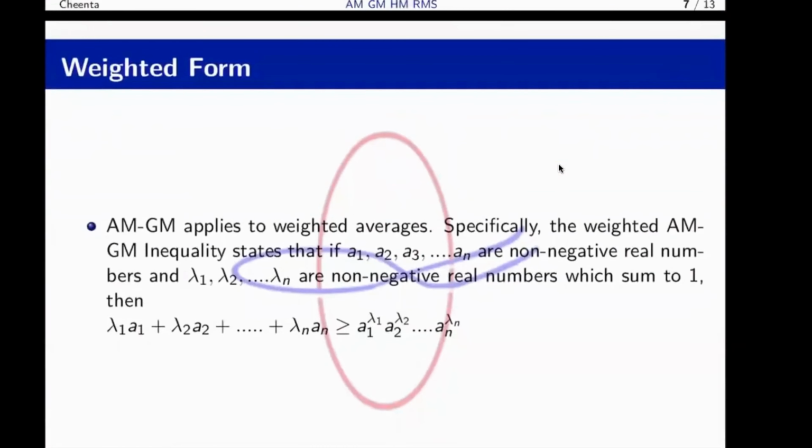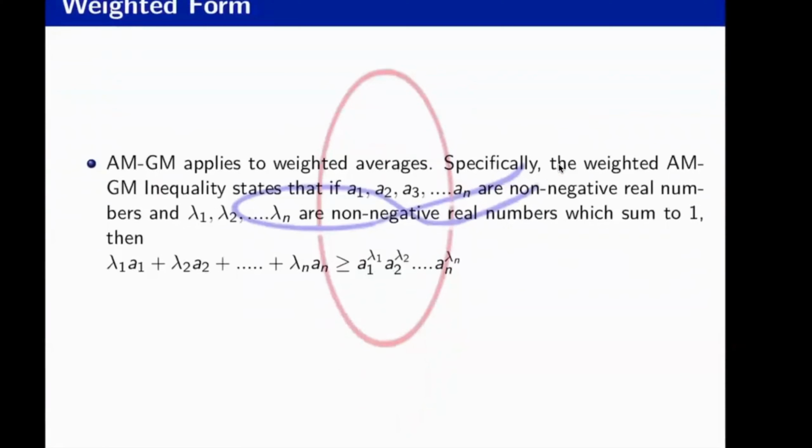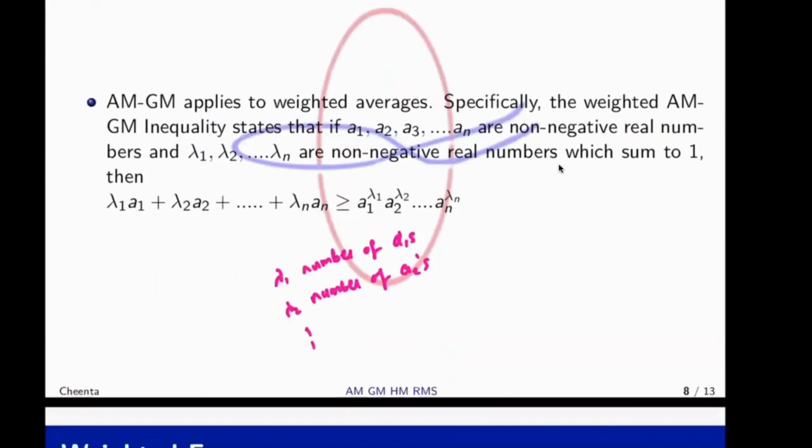What is the weighted form? AM-GM applies to weighted averages specifically. Here we take lambda 1 number of A1s, lambda 2 number of A2s, and so on, lambda n number of ANs, where lambda 1 plus lambda 2 plus up to lambda n is equal to 1.